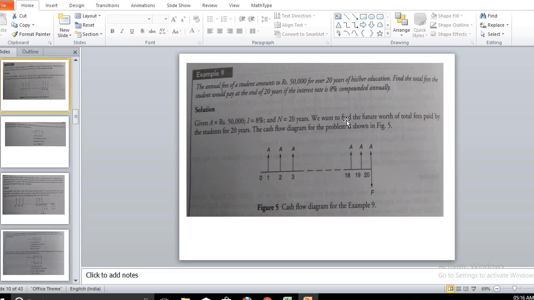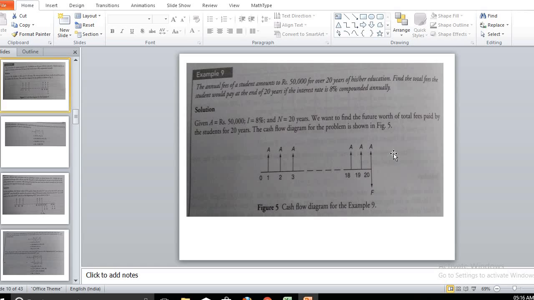If annuity A is invested at interest rate I per period at the end of each period for n periods, the amount will grow to the future amount of A(1+I)^(n-1) + A(1+I)^(n-2) + ... + A(1+I) + A, like that.